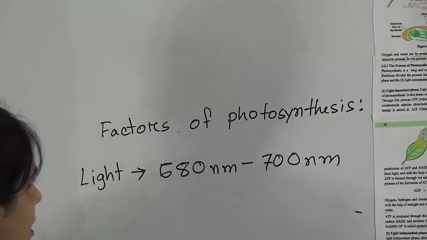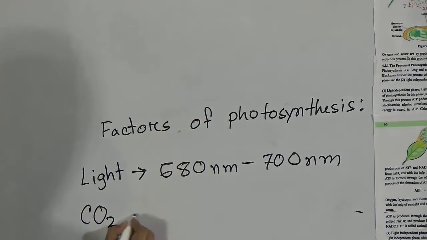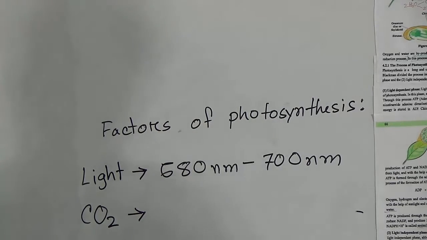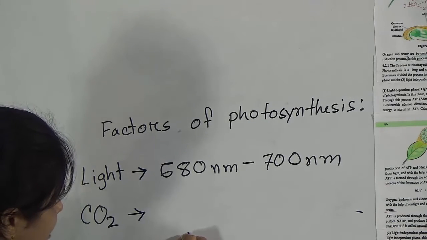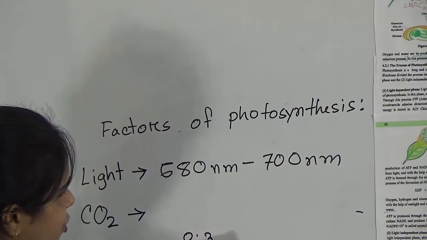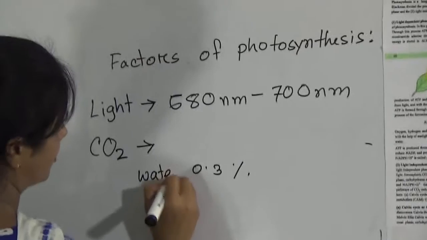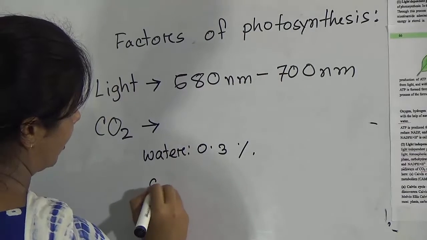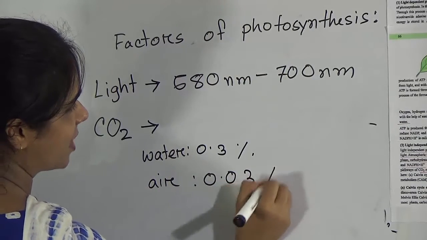Now the next factor is carbon dioxide, and we already discussed this. In water the presence of carbon dioxide is 0.3%, and in the air there is 0.03%.